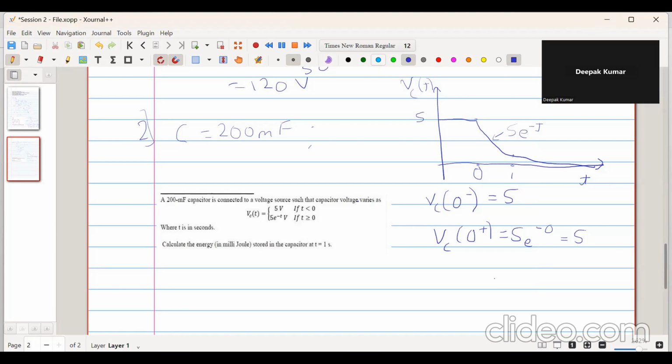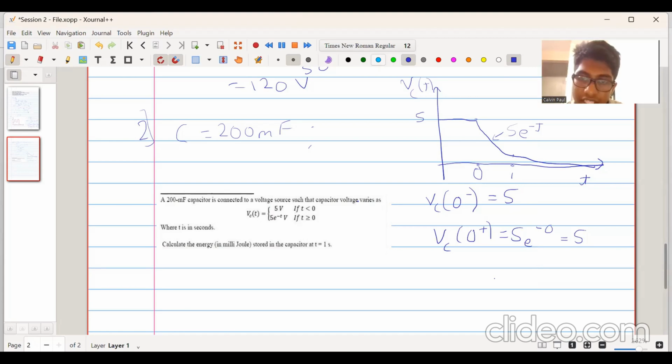Now the voltage across the capacitor at time t equal to 1 will be equal to 5 into e to the power minus 1. So now we have to find the energy in millijoules stored in the capacitor. So 5 into e to the power minus 1, can anyone solve it and tell what's the value?